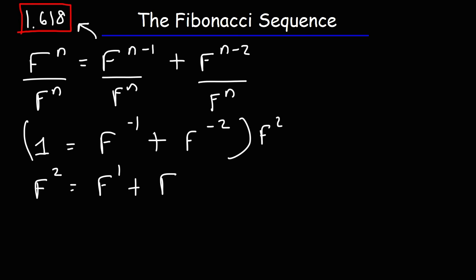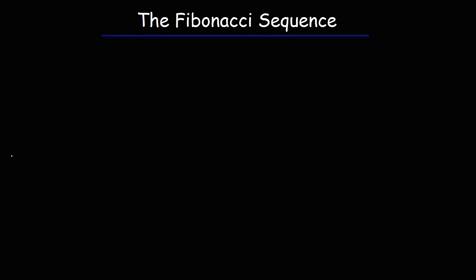Anything raised to the 0 power is 1. So we have this. Moving f and 1 to the other side, we get f squared minus f minus 1 is equal to 0.